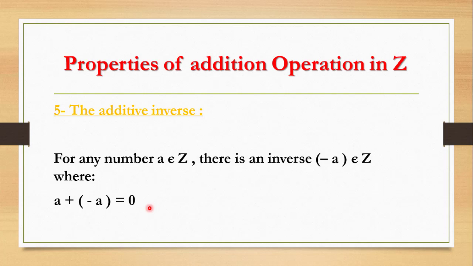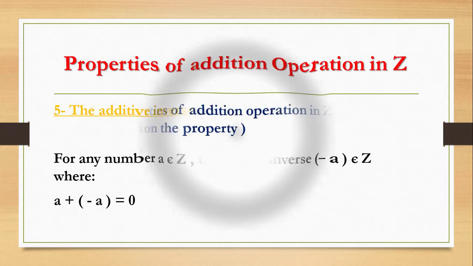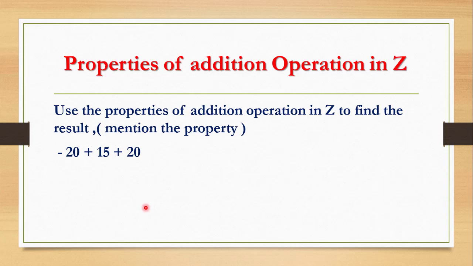Okay, let's take an exercise using these properties to add. For example, here we have: use the properties of addition operation in Z to find the result and mention the property. We have negative 20 plus 15 plus 20.